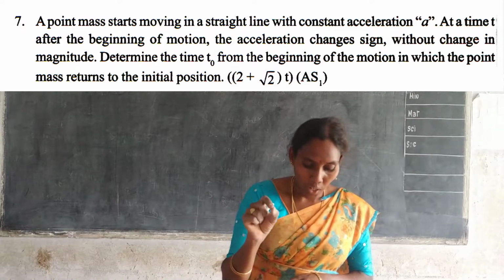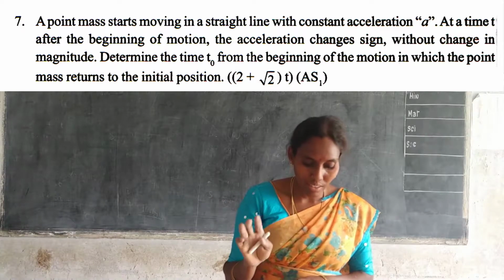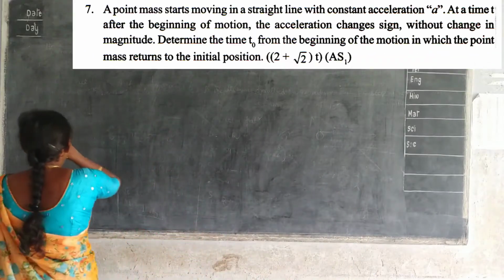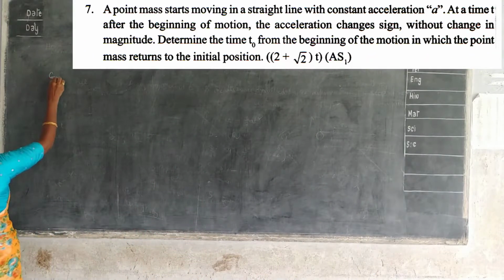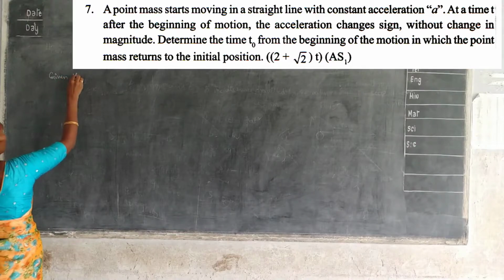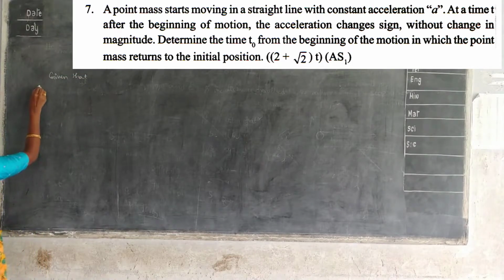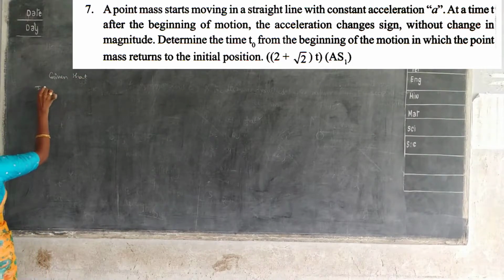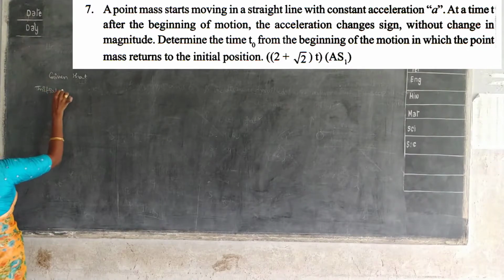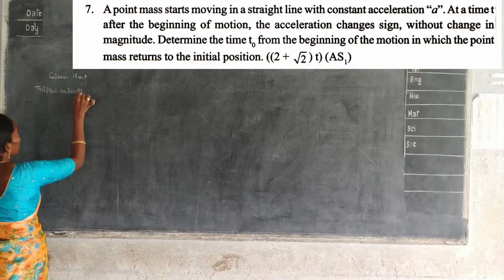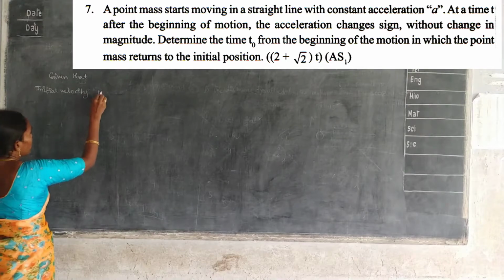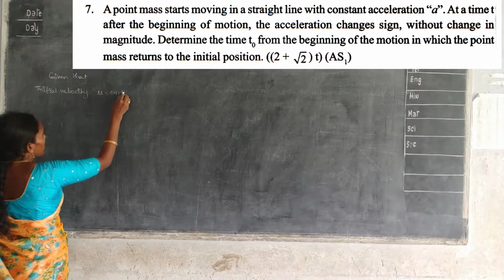A point mass starts moving in a straight line means here the initial velocity of the body becomes 0. Initial velocity u is equal to 0 meter per second.